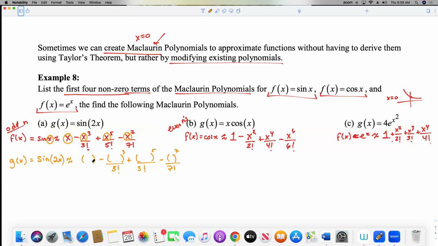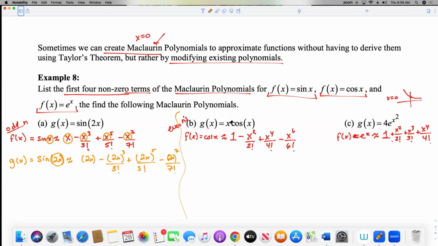And inside those parentheses, we remove the x and we plug in 2x, 2x, 2x, 2x. And that's it. You can clean this up if you wanted to, or you can keep it just like that. Okay. So that's for plugging in 2x.